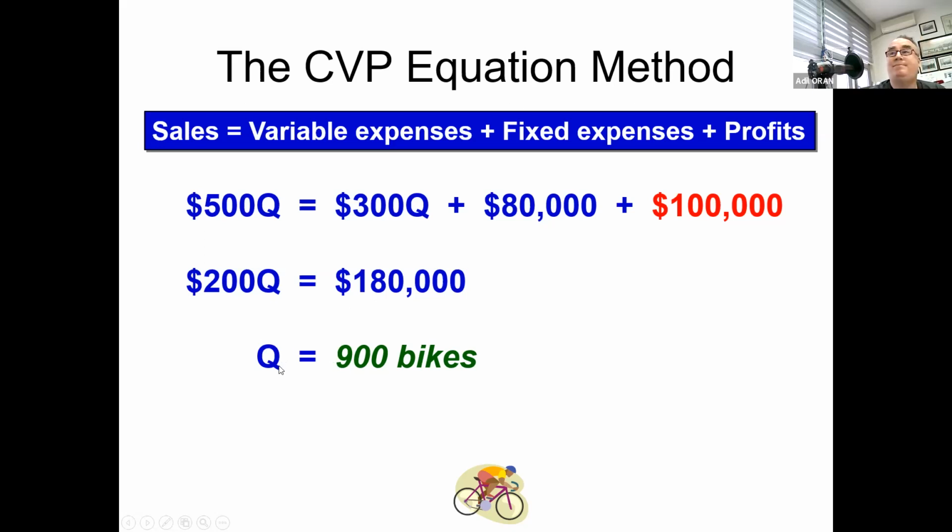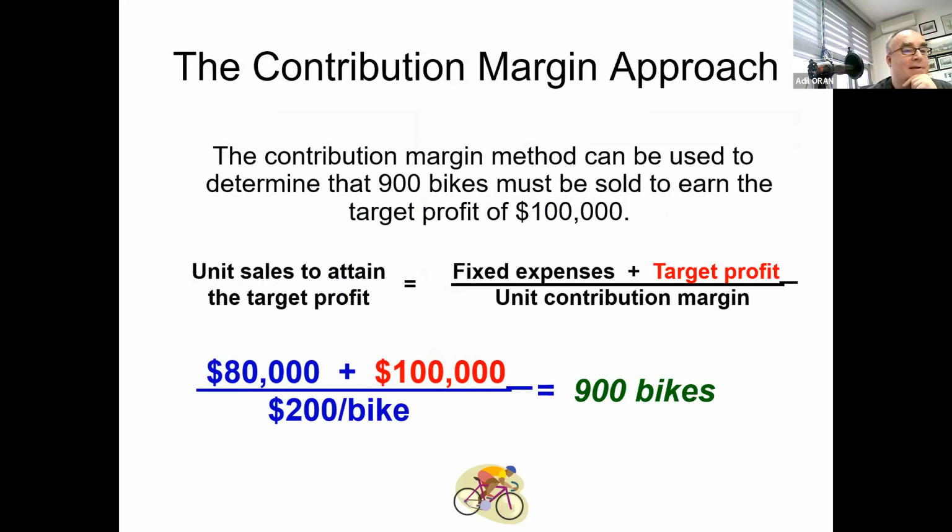Solving for Q, if you sell 900 bicycles, you will have exactly 100,000 of profits on top of your fixed expenses. And you could have solved it this way as well: fixed expenses plus your target profit divided by contribution margin per unit. Very quickly, you could have calculated the 900 bicycles in this way as well.